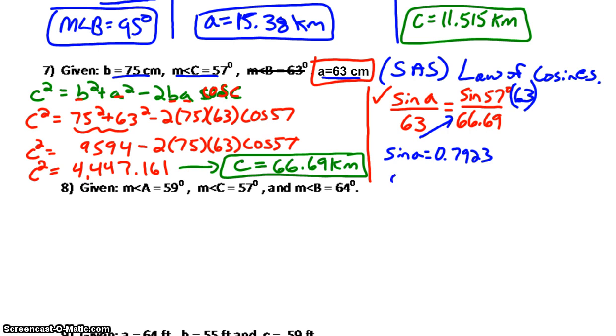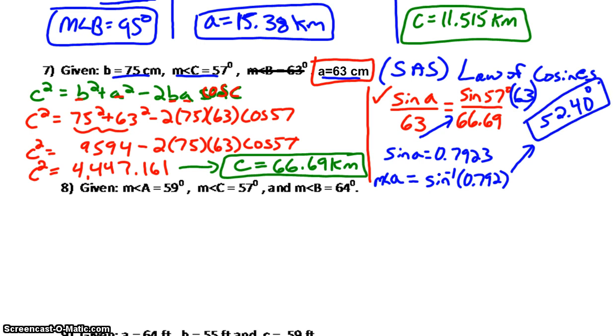So I'm going to solve for the measure of angle A by taking the arc sine, or the inverse sine, of that 0.7923, giving me the result of a 52.40 degree angle. So there's my measure of angle A.